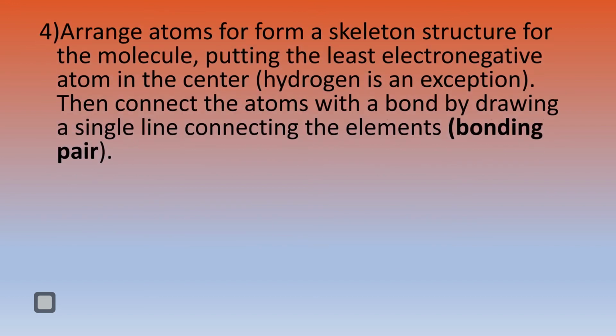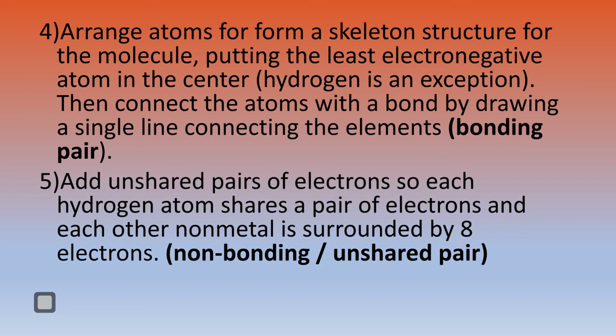You arrange the atoms in what we can call a skeleton structure of the molecule, putting the least electronegative atom in the center, hydrogen being an exception because it can only form one bond, and then connect the atoms with a bond by drawing a single line connecting the elements. And so that's what we're going to call a bonding pair of electrons. We then go back and add all the unshared pairs of electrons so that each atom can basically have 8 electrons surrounding it.